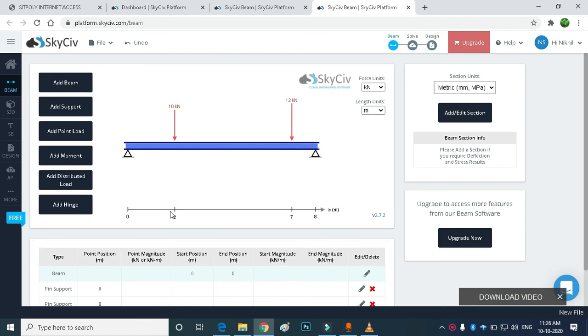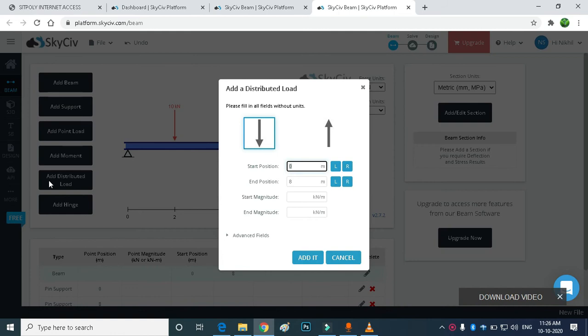Again, suppose we have to add uniformly distributed load to this beam. I will click here on add distributed load. So they will ask us to define the starting point and ending point of that uniformly distributed load. Suppose this particular load starts at 3 meter from left hand side and ends at 6 meter of left hand side. As it is uniformly distributed load, the starting magnitude and the end magnitude will be the same.